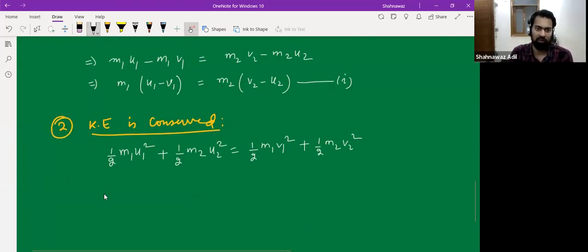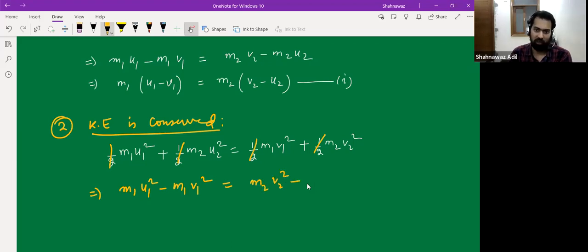So this will be what? So half cancel, right? Again, we will take care of this same guy here. So we have m1 u1 square minus m1 v1 square is equal to m2 v2 square minus m2 u2 square.